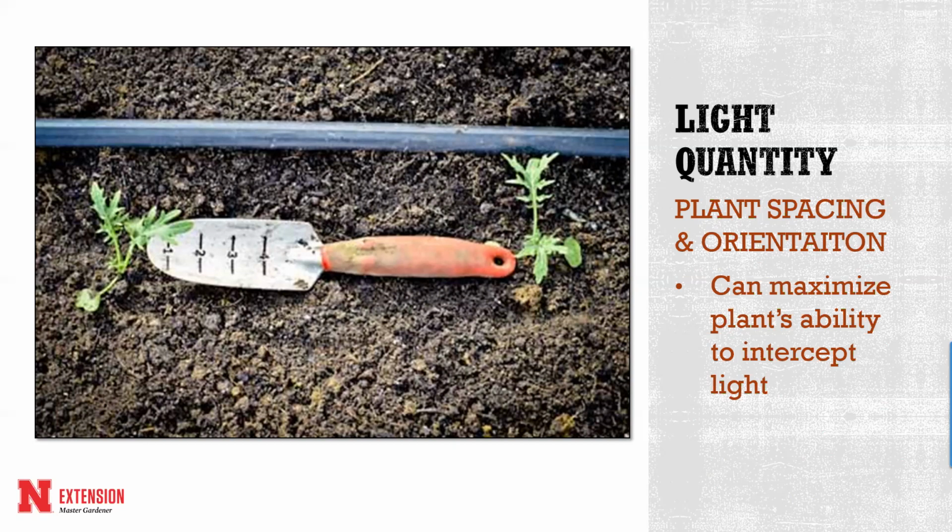When we were looking at our site analysis map, one of the things when you're looking at putting something new in is to know how big that plant is eventually going to get.